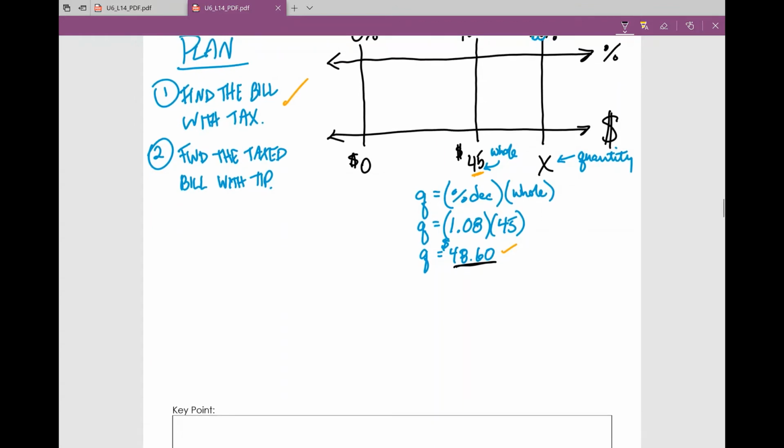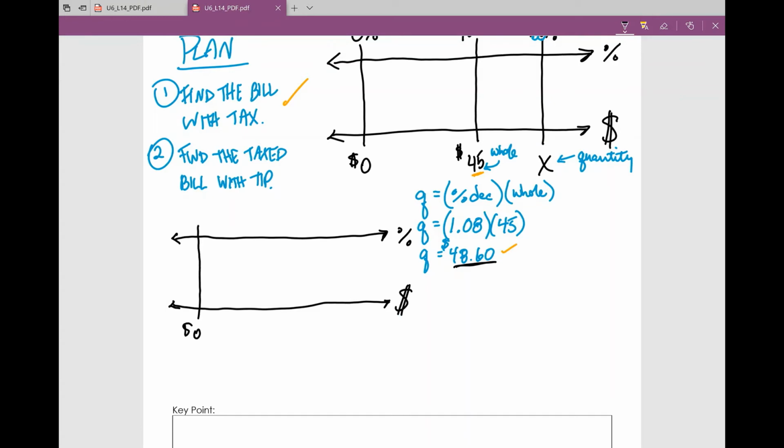So I'm going to draw another double number line over here to represent my new whole. A whole is really just something that our new quantity is going to be based on. So we have $0 again, we have 0%, and now our whole is 100%, which is going to be $48.60.